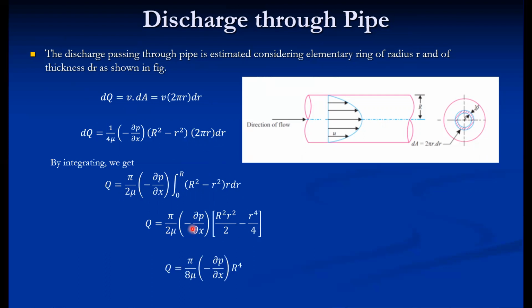And after simplification, we'll arrive at this particular expression. This expression is nothing but R square by 4, 4 multiplied by 2 is 8. So this is the discharge through the pipe.